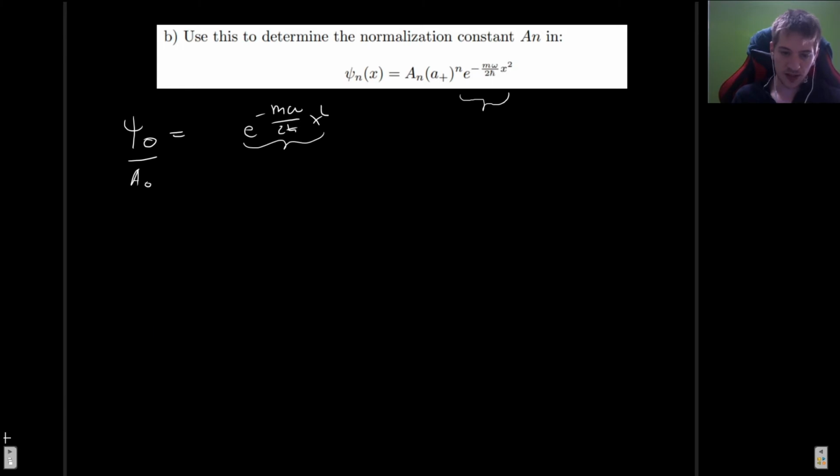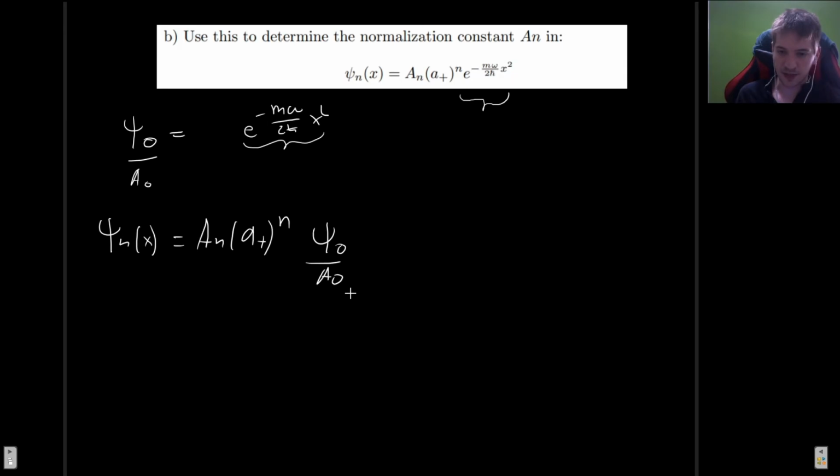So we can replace this exponential with what we just found. So psi n of x is going to be an, a plus to the nth power, times psi 0 divided by a0. Okay, so that's our first step.